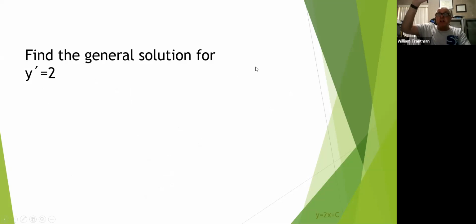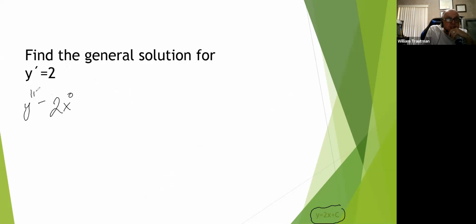Oh, wait, there's more. I'm sorry. There is more. You can tell by the little answer down here that's really hard to see. So y prime is really 2x to the 0. We changed it, we added 1, and we divided by the 1.